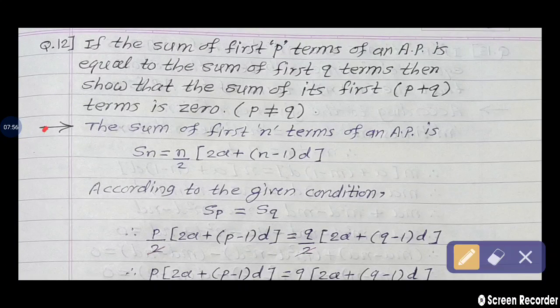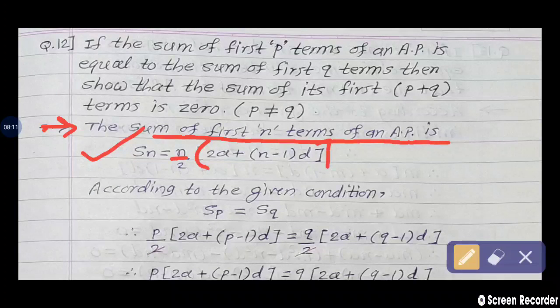So what is given in the question? Sum of first n terms of an AP, we know the formula of Sn. So Sn is equal to what? Sn is equal to n divided by 2 in bracket 2a plus (n minus 1) into d. According to the given condition, what is the given condition? Read from the question again.